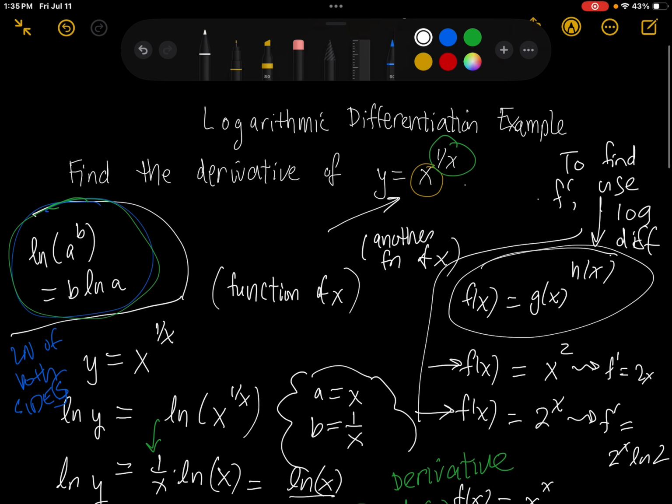So here we're assuming that x is positive, so that the base and the exponent are both positive. That's something that should be stated, strictly speaking, so that we can actually take the derivative.